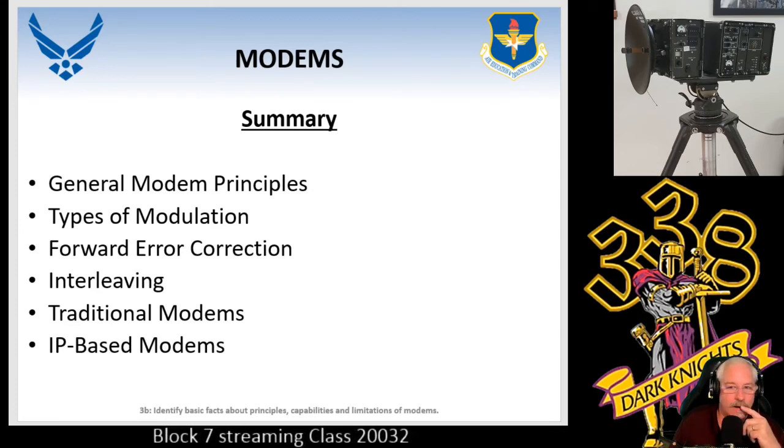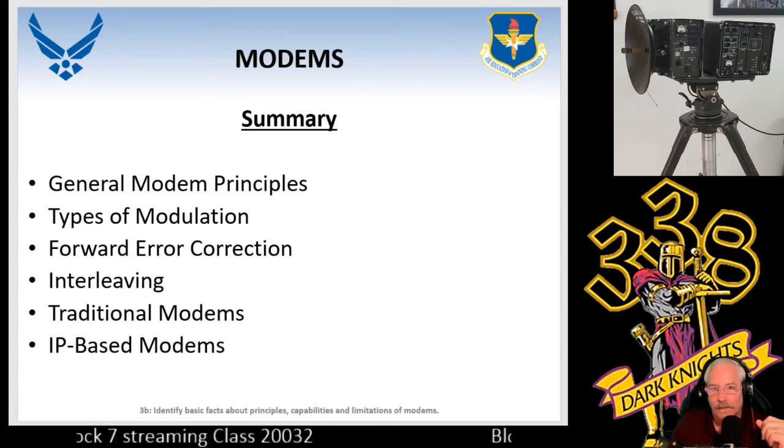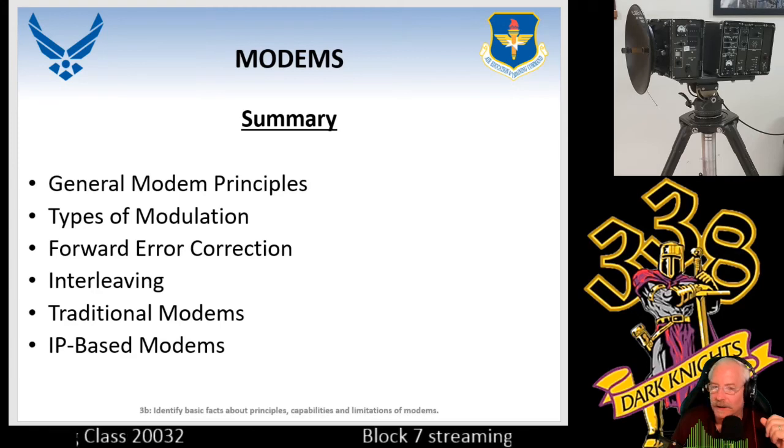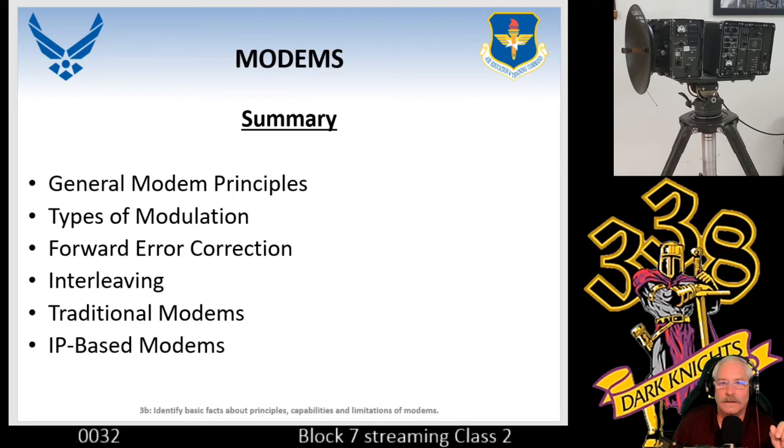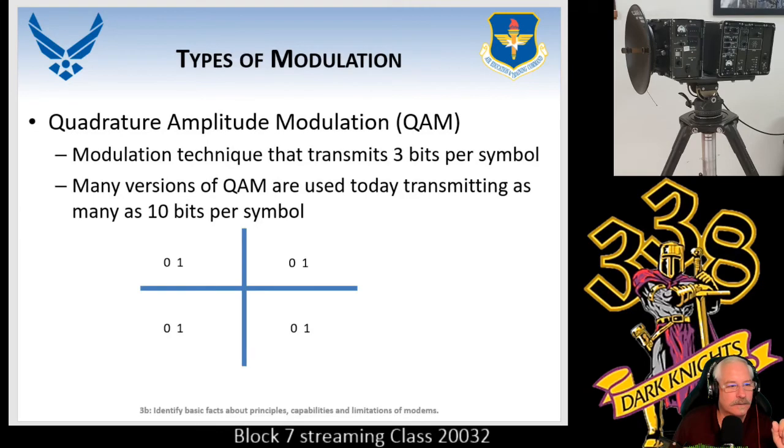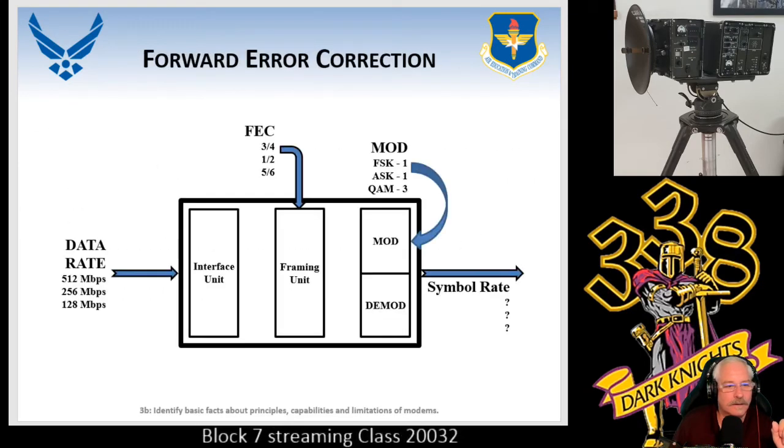What are they? It's data rate, the FEC factor, and I can't remember the third one. Anybody? All right, let me go back to it. Is it modulation? Modulation type. So data rate, forward error correction, modulation type.